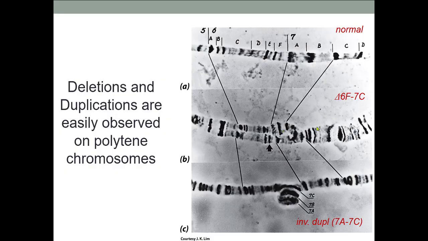People have been doing this in fruit flies since forever, since we started looking at DNA structure. These are easily observed, and you can see here's a normal polytene chromosome at the top. This is meant to show you the region here. If we deleted some of it or had what's called an inverted duplication, we can see sort of this bulge of extra stuff.